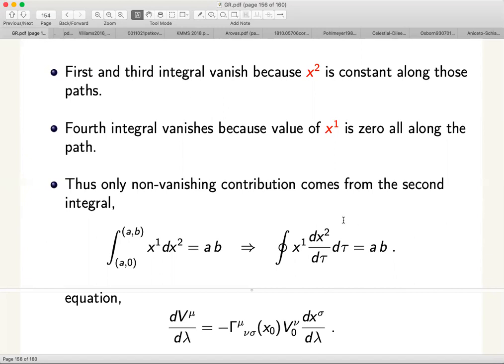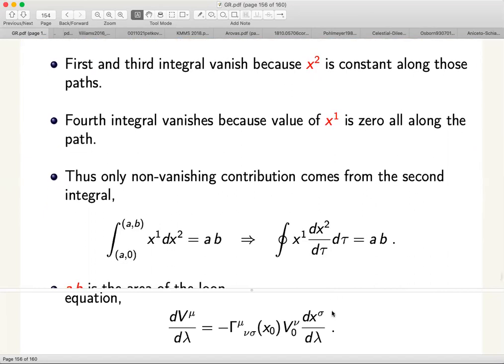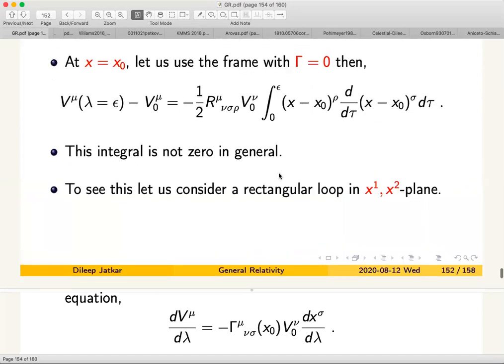Since this contribution is non-vanishing, you go back to the solution, and you find that this integral is non-zero. V0 ν is typically non-zero. So whatever this quantity is, the difference between the original vector and the parallel transported vector, is generically non-vanishing when the Riemann tensor is non-trivial.